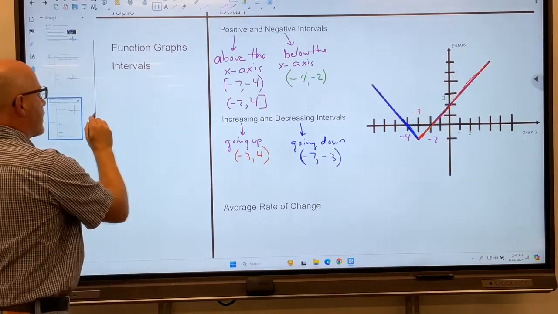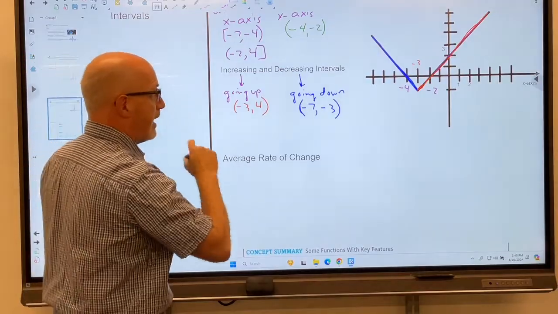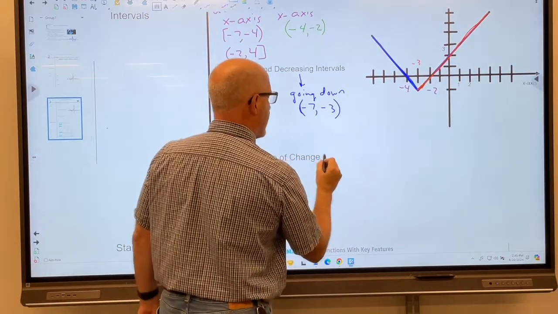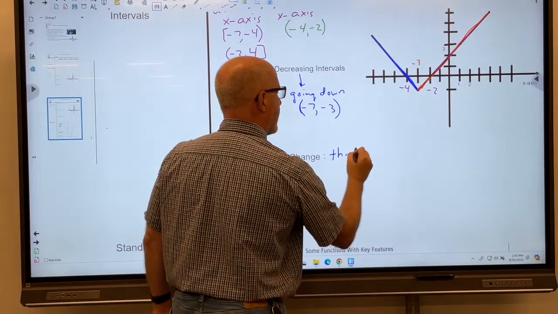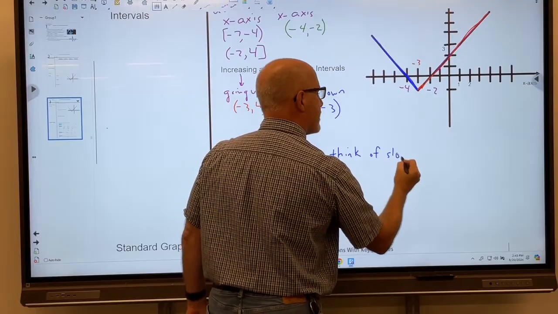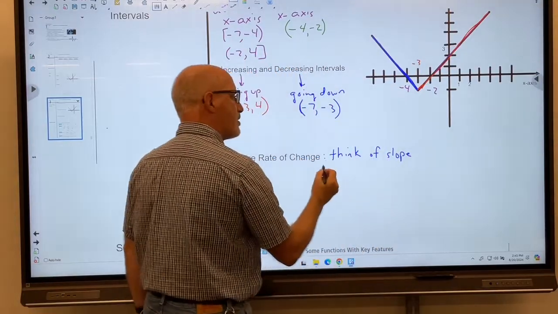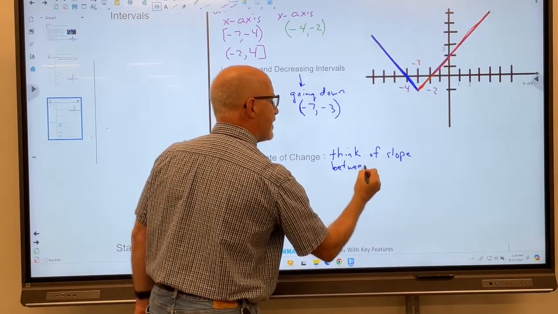Now, last formula we're going to look at is average rate of change. An average rate of change, you want to think of slope. That's what rate of change is. But we want to do the slope between the beginning of the graph and the end.